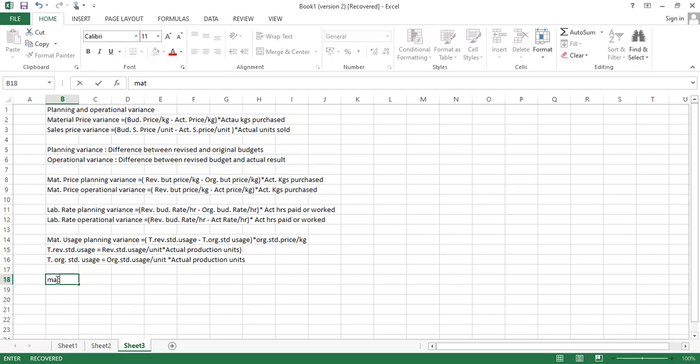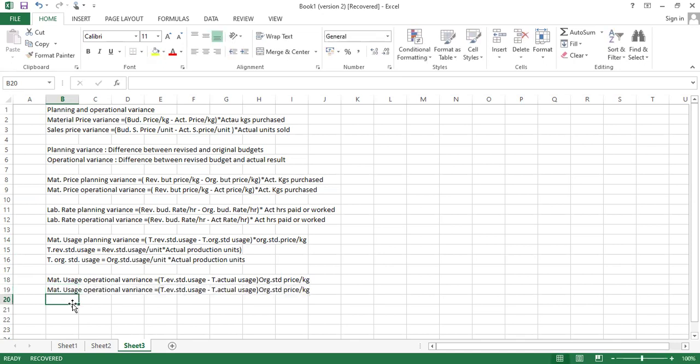Next one is material usage operational variance, which is equal to total revised standard usage minus total actual usage, into original standard price per kg.